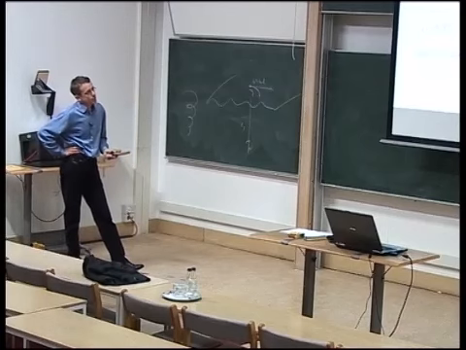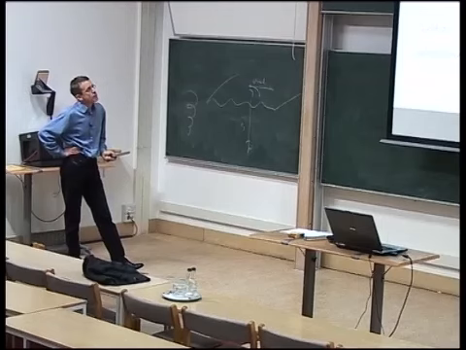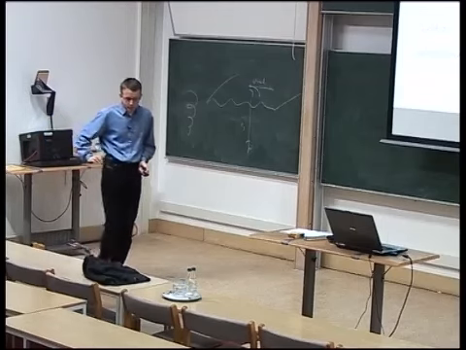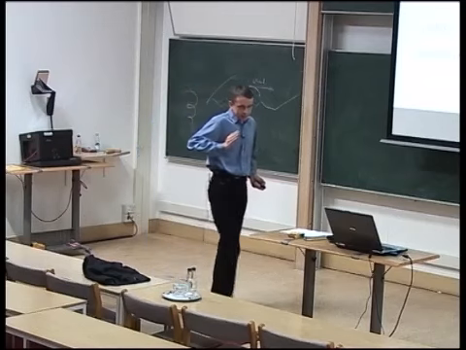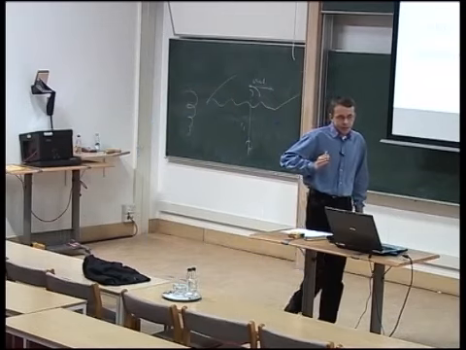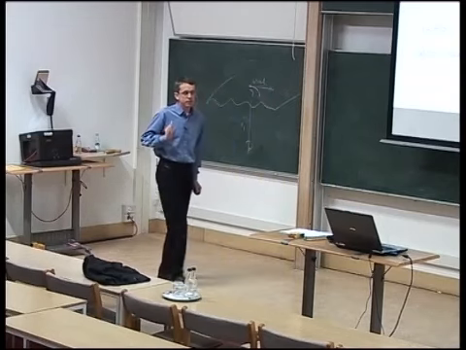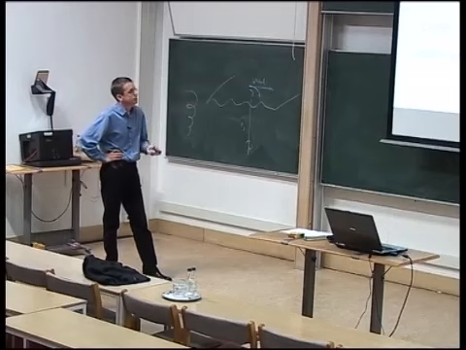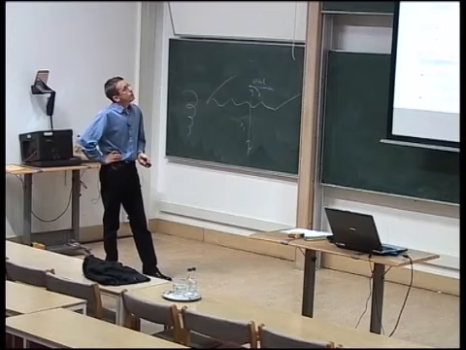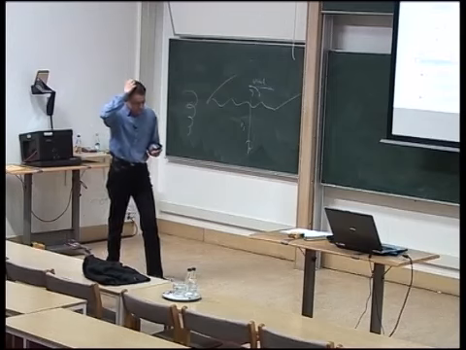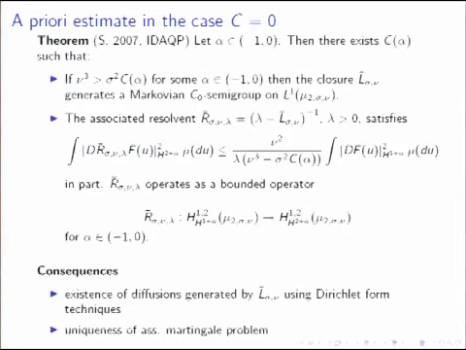This little 2 here reflects that this will be the H2 norm of the corresponding stream function in 2 dimensions. So this is the little explanation of this little 2. Okay, in the case where that should be B actually, I'm sorry for that.